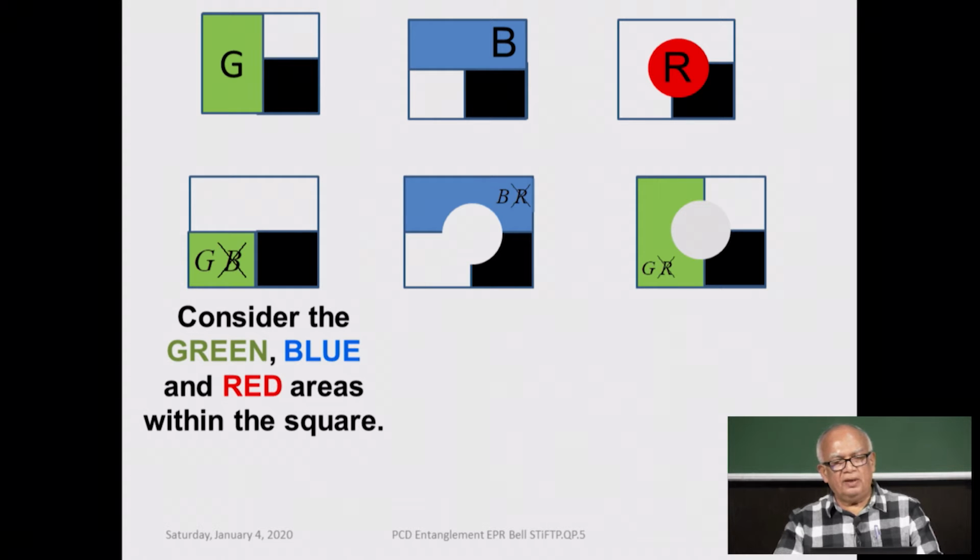Okay. And these areas, let them represent in your mind the probability of finding, you may say, a pixel. Will it be in the blue side or the red side or the green side? Okay. So, these areas will correspond to these probabilities.